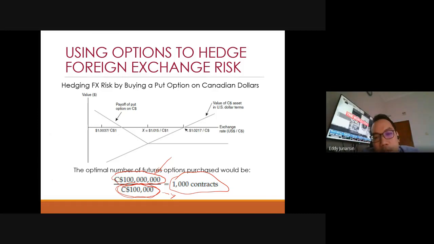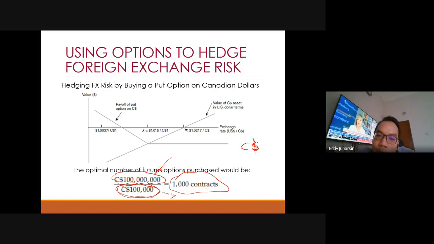For example, if you have assets in Canadian dollars, then you'll be quite concerned that the value of Canadian dollars will decrease, or that the Canadian dollar will depreciate, right? So you are afraid of a depreciating Canadian dollar.